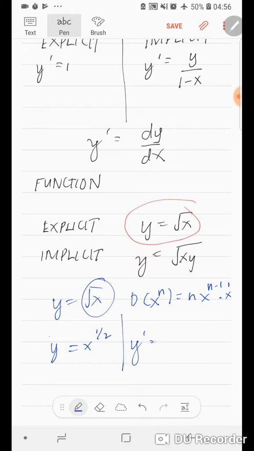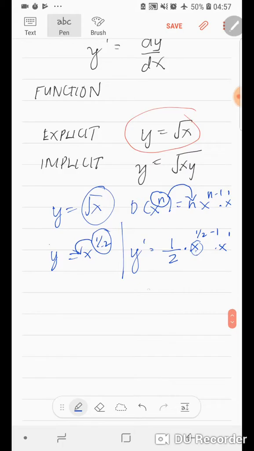So the y prime would be equivalent to, this will be made as a coefficient, just like how this was brought down here. So 1/2 times x to the power of 1/2 minus 1, so 1/2 minus 1 is negative 1/2, and the derivative of x would just be equivalent to 1.